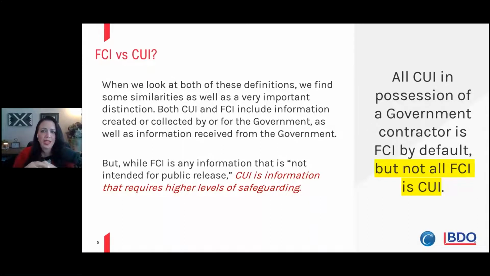A lot of people say, well, this sounds a lot like the definition for CUI. So while FCI is information that is not intended for public release, CUI is something that's going to be on a much higher threshold. But in essence, all CUI in possession of a government contractor is FCI by default, but not all FCI is CUI.